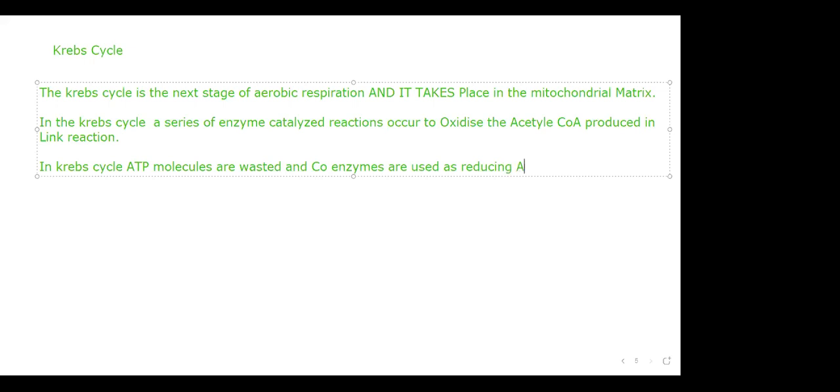What are the types of coenzymes that you know already? Now you know the first coenzyme, that is NAD. Then here at the link reaction, I told you there's a coenzyme A. That's another one. Now here there will be a new one. We'll be learning.